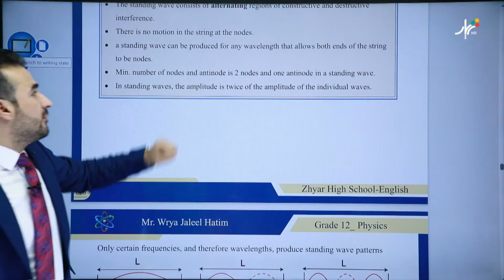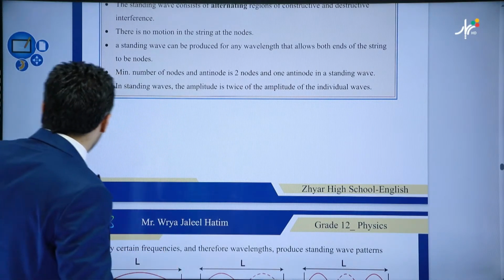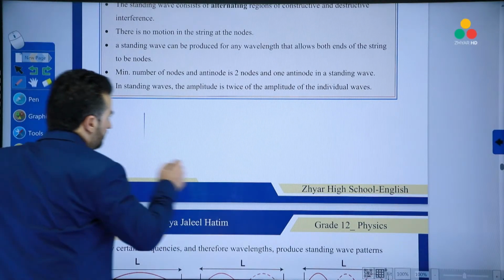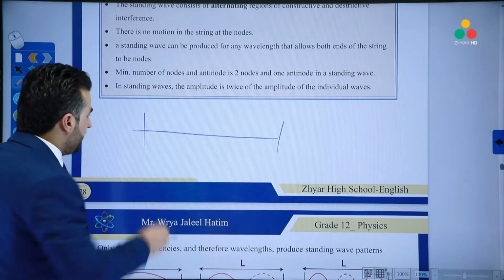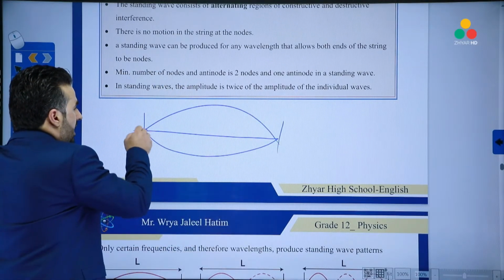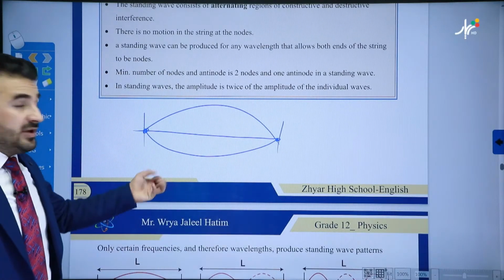Now, the minimum number for nodes and antinodes is basically two nodes and one antinode. What do we mean by this? If we have a string here, we can have a standing wave if we have something like this. The ends of the string, the ends of the rope, have to be nodes.